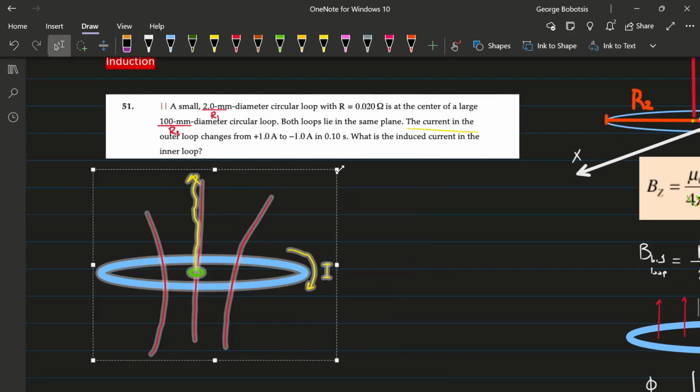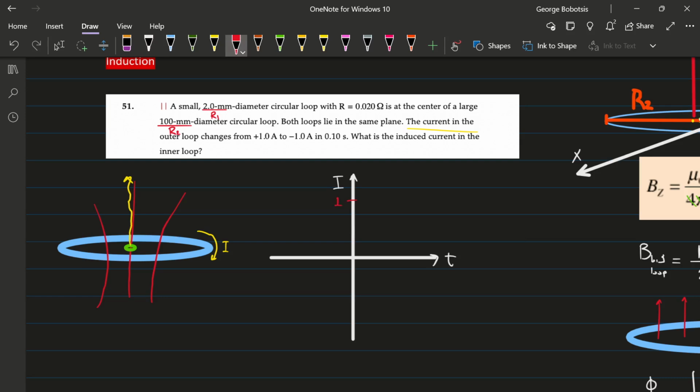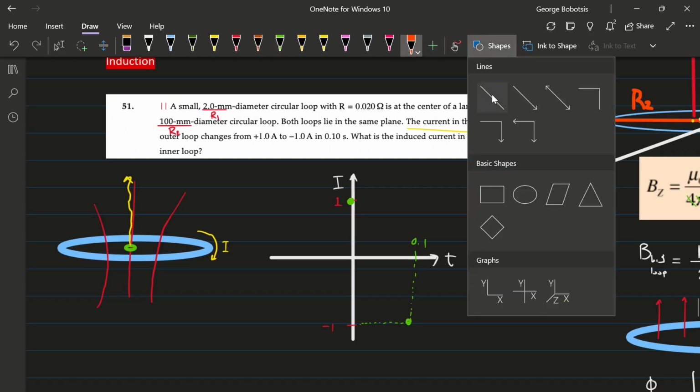You can go over here on the side, put a little plot that represents the current with respect to time, and then you go, you happen to be here in the beginning, and now you're here at the end. And that happened all in like 0.1 seconds. So your current went from being here to being at this location at 0.1 seconds. You can see here how this happened. It happened in the form of a linear decrease like that.